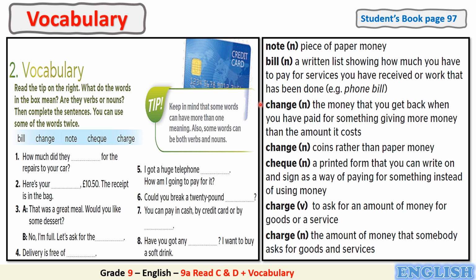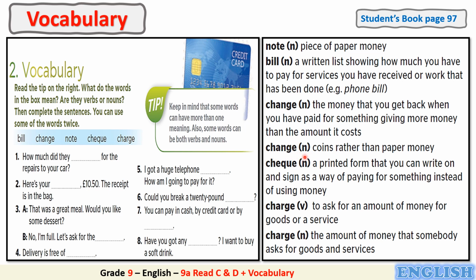The next word is change, and it has 2 meanings. The first one, it is a noun, which means the money that you get back when you have paid for something, giving more money than the amount it costs.